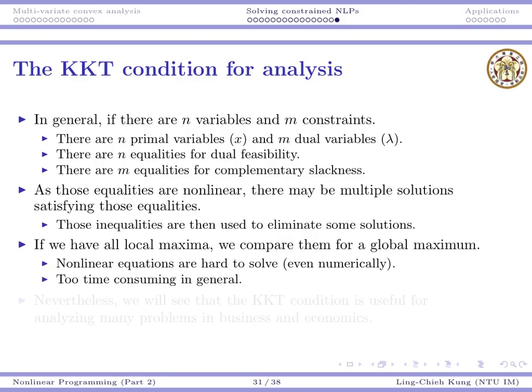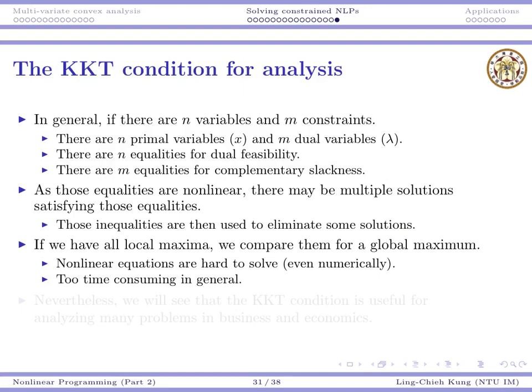But unlike linear programming, now equalities may be nonlinear. So in general, there may be multiple solutions satisfying those equalities. And those inequalities will then be used to eliminate some of these solutions. Anyway, a solution must satisfy all those equalities, inequalities, and so on. So sometimes it's also possible that no point satisfies the KKT condition. In that case, there is, of course, no local max.